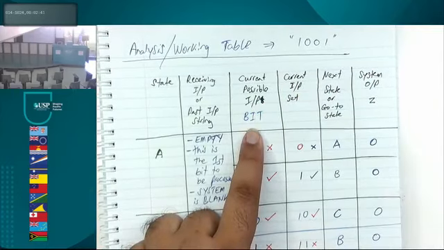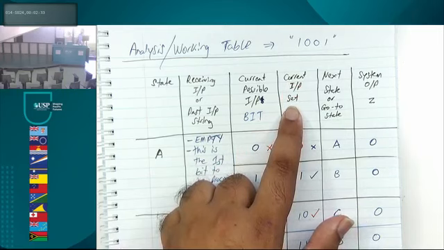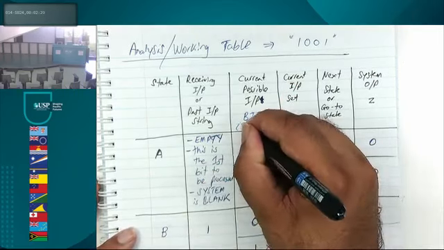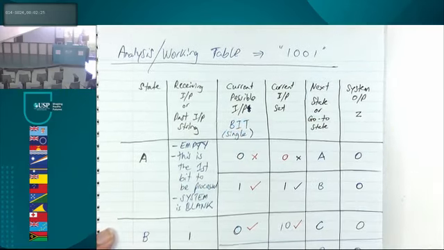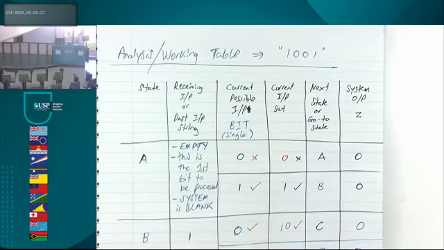Current input bit, okay? Just one bit. So possibly there's only 0 or 1. This is the input set. Can you see the difference in the word? Single bit. Current input set, which means a string.